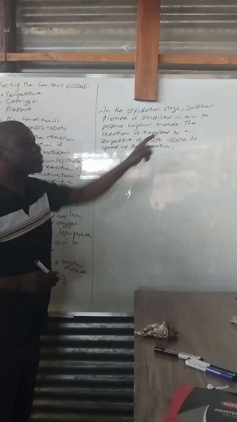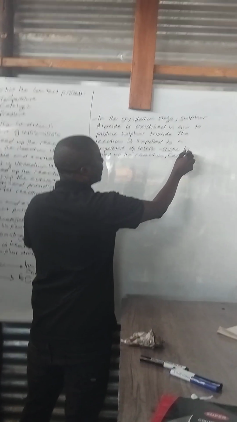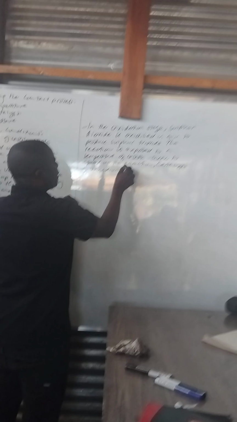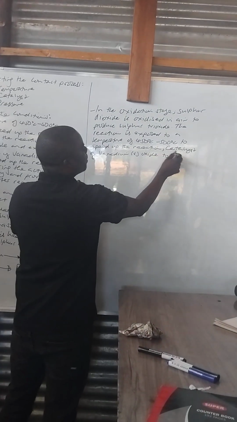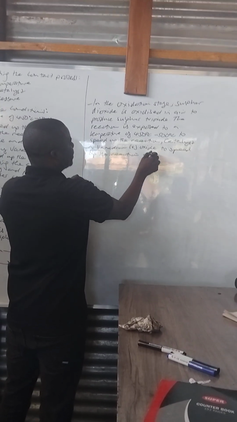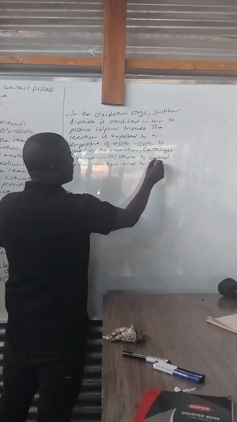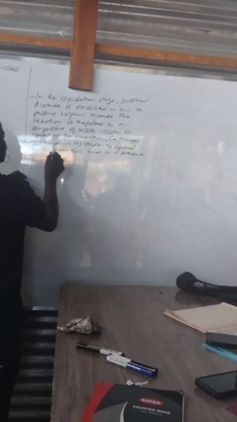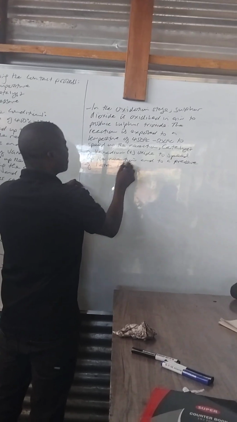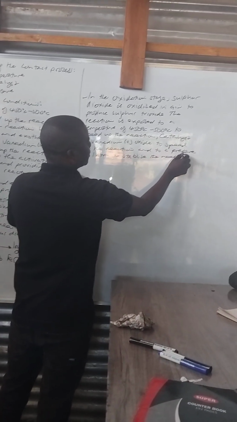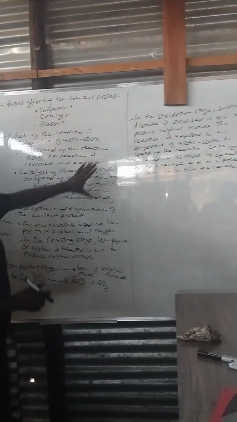It is also exposed to a catalyst of vanadium(V) oxide, to speed up the reaction, and to a pressure of 1 atmosphere, to stabilize the reaction. Those are the explanations.